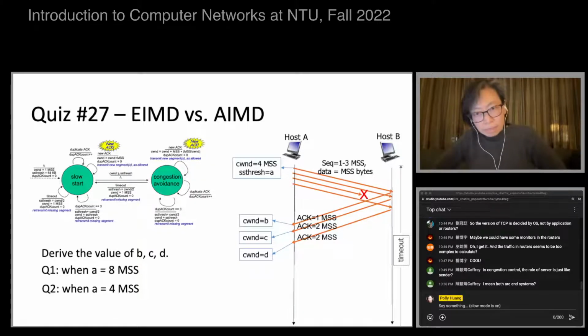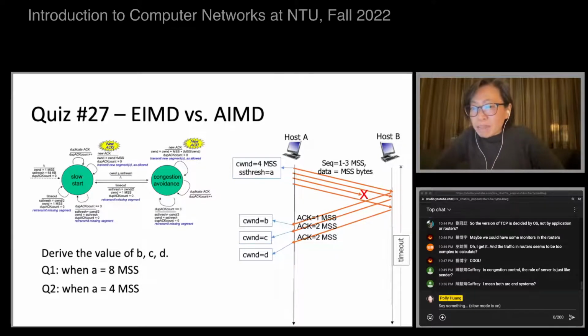Q24 is asking that you derive the values of B, C, and D. Q1 is asking, if the ssthresh initially was 8, what should be the values of B, C, and D? If the value of A is 4, that is Q2.